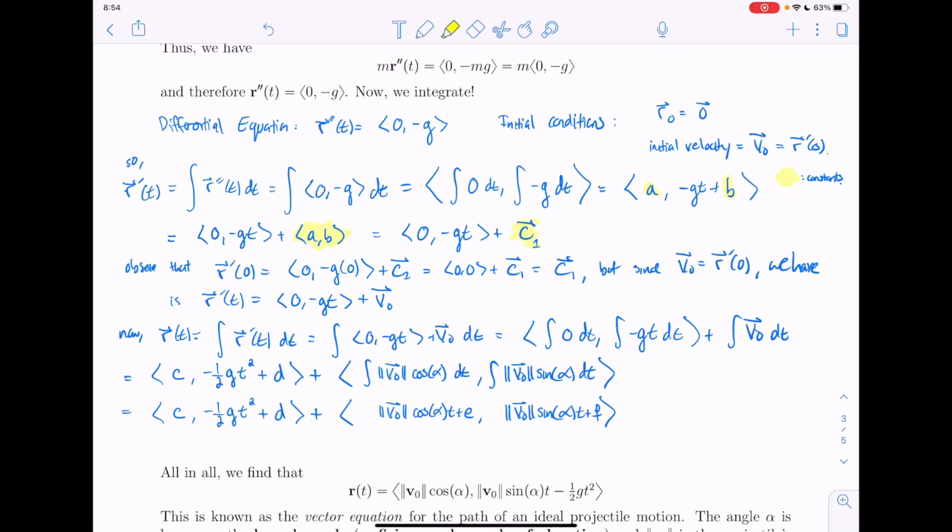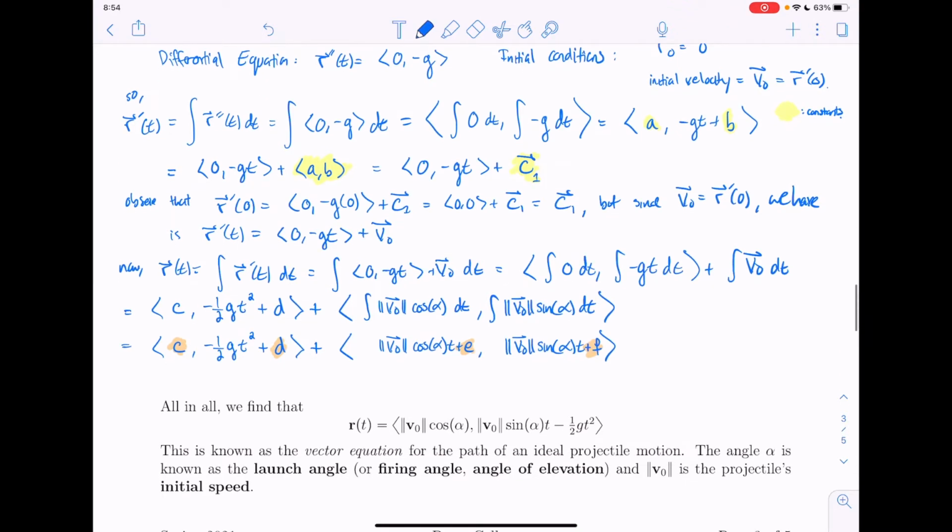And what we see now is that this c, this d, this e, and this f, these are all just constants. We can again, in the same way we did up here, pull them all out as one giant vector of constants.